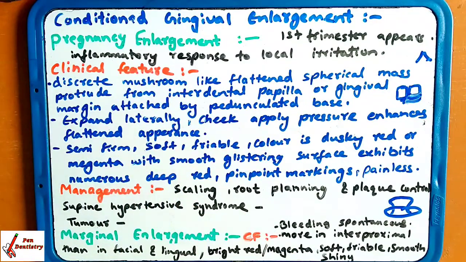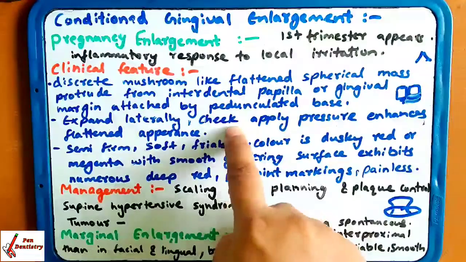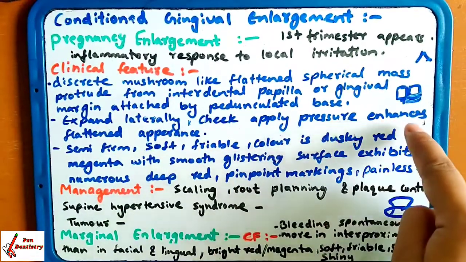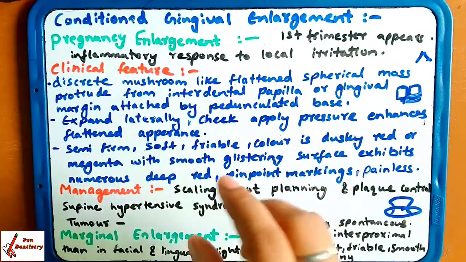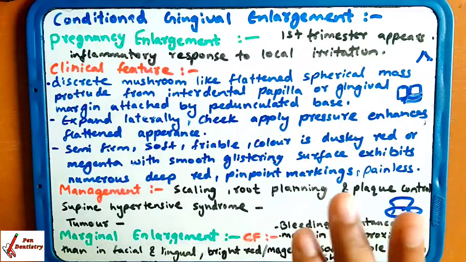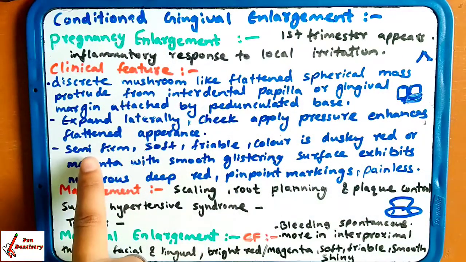It expands laterally when cheek pressure is applied. When the cheek pressure is applied, the flattened mass appears and is enhanced. That means if you are pressing something, that region will be enhanced. Semi-firm.